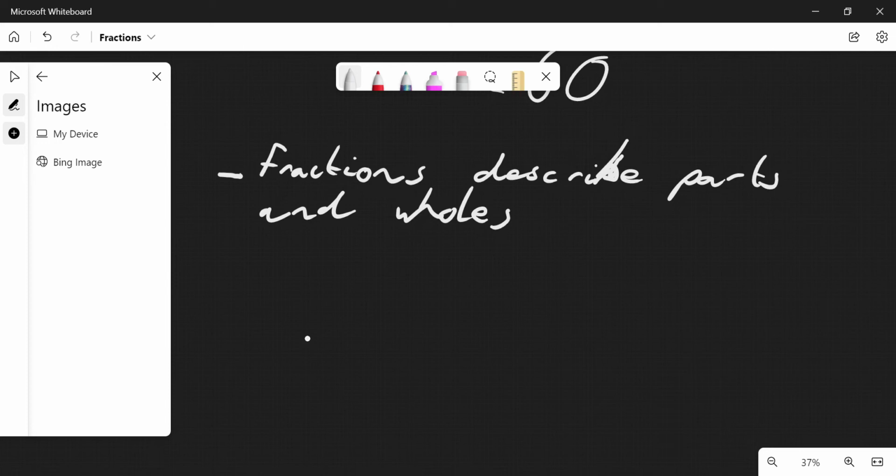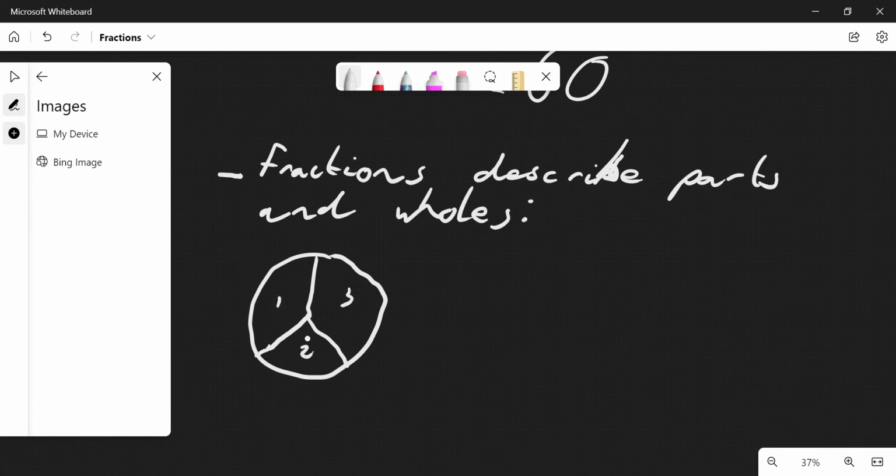What does this mean? It means if I gave you that original pizza right there, and Francis hasn't eaten any of these pieces, there's still 1, 2, 3 pieces there, and I told you to write that as a fraction, you would write that as I have 3 pieces out of 3. And anything divided by itself will give you 1. So that means I have 1 whole pizza.